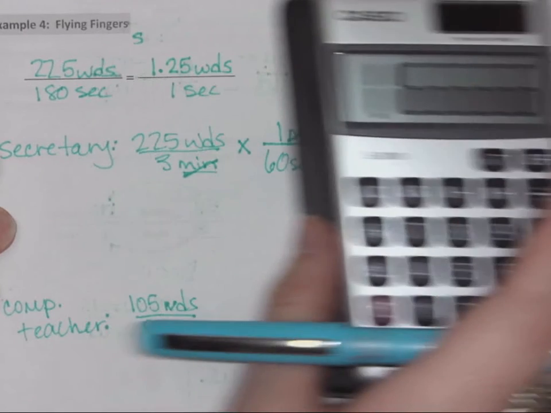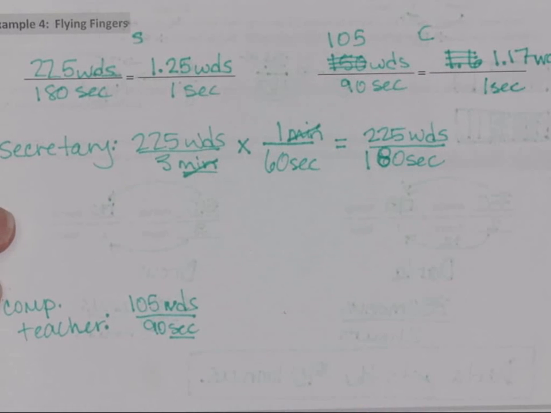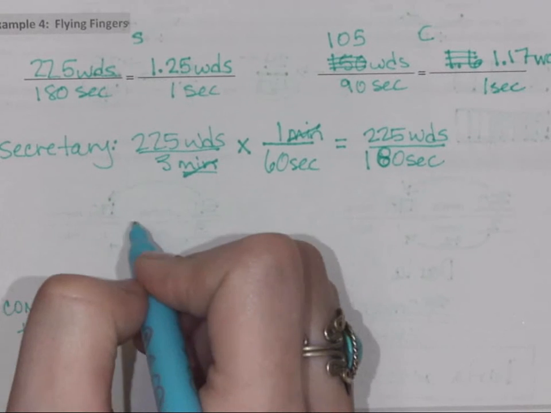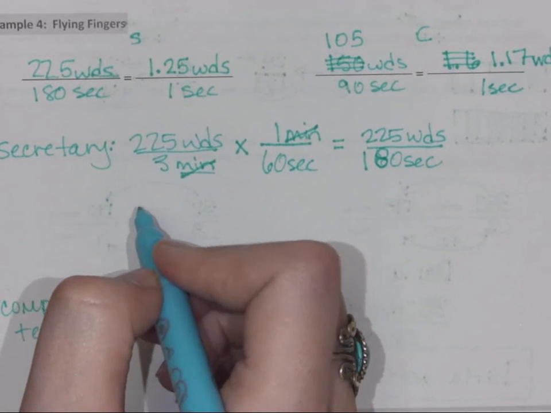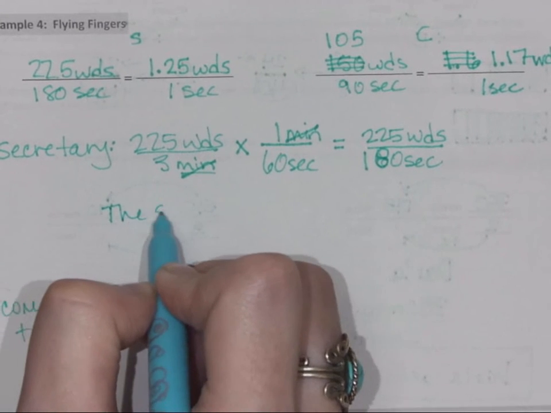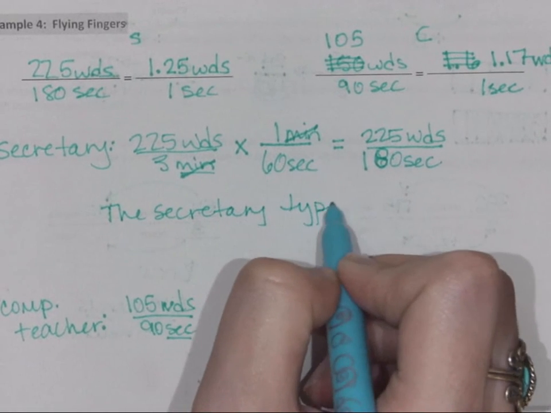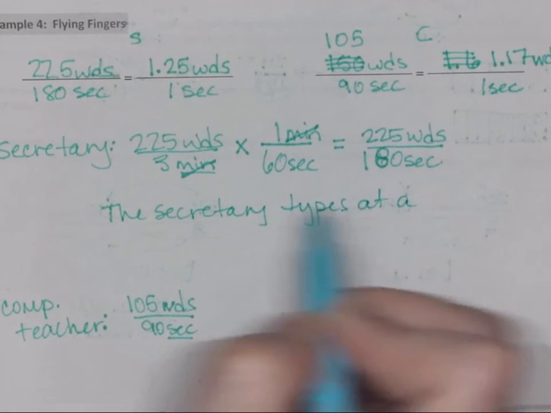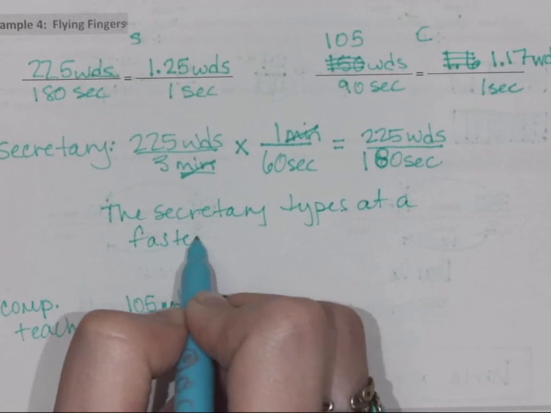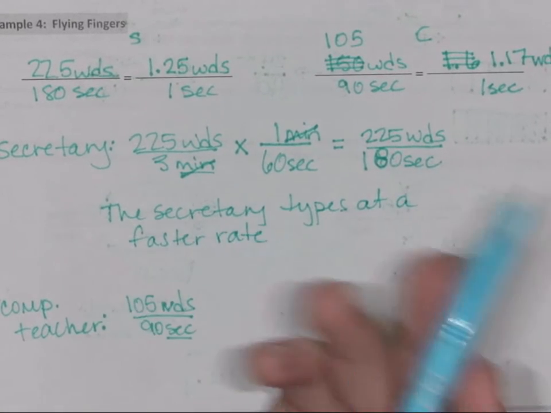So let's compare them. Who types at a faster rate? Sasir? I think it's the secretary. Yes. The secretary types at a faster rate. Here's why.